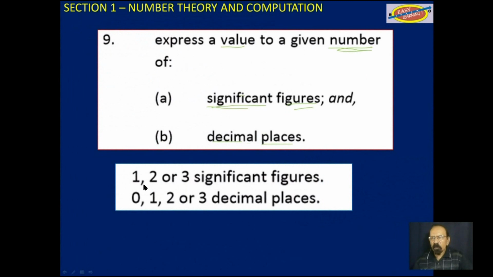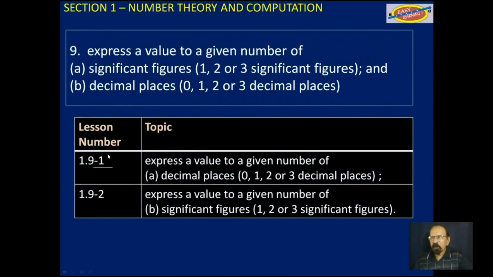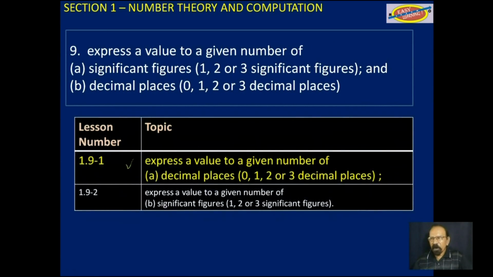And it specifies 1, 2, or 3 significant figures, and also 0, 1, 2, or 3 decimal places, which means that I have divided the objective into 2 videos, and we will deal with decimal places first, since that is the easier concept. So we are here.